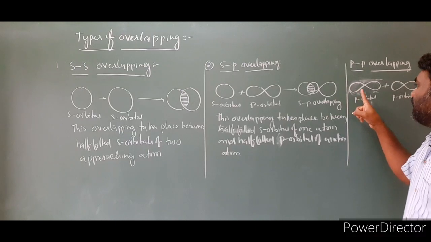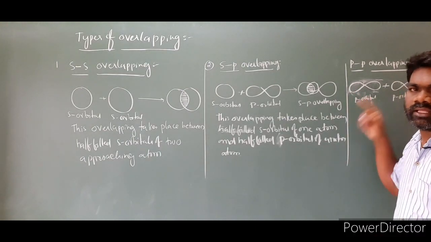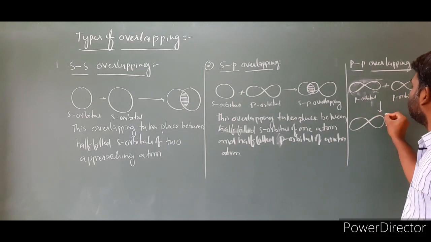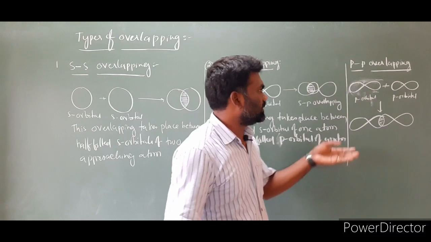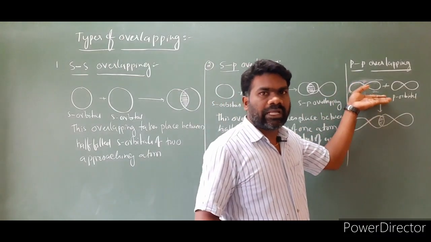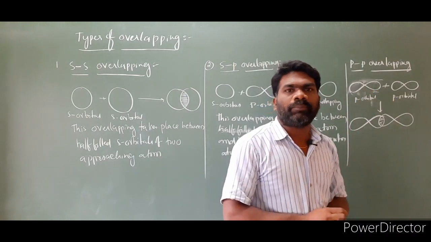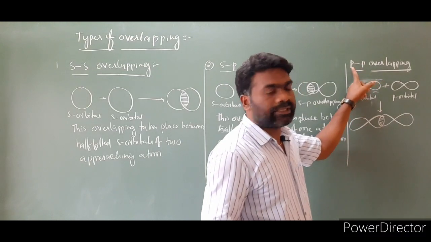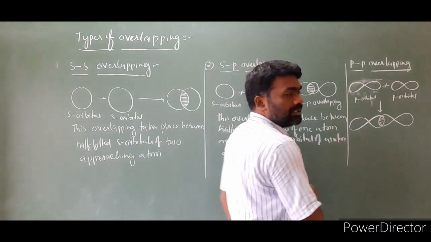So a half-filled p orbital of one atom overlaps with a half-filled p orbital of another atom. As a result, the structure we get is like this. So this is PP overlapping. How to write the sentence? This overlap takes place between half-filled p orbitals of two approaching atoms. Both are p orbitals only, one from one atom and one from another atom.